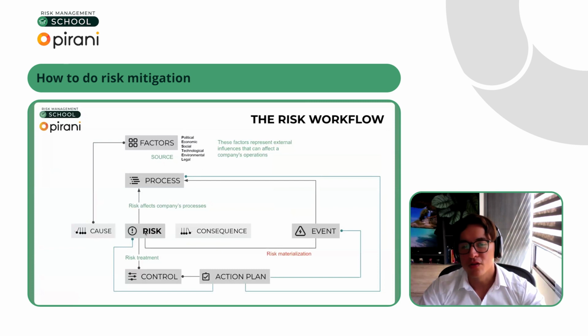And maybe we also will have the consequence of the risk happening. And we definitely have that this risk can affect the company's processes. And then we can create a control to treat the risk if I want to mitigate. And also we have an event that will be the materialization of the risk that will affect the process of the company.